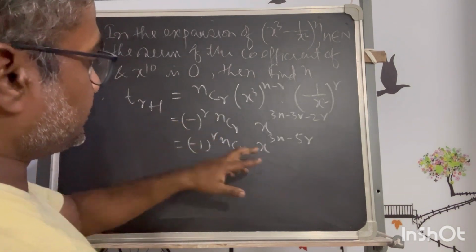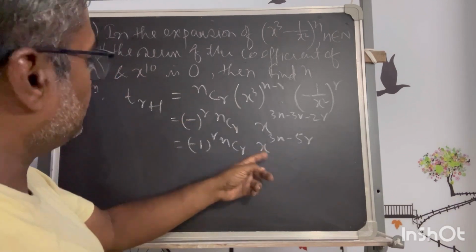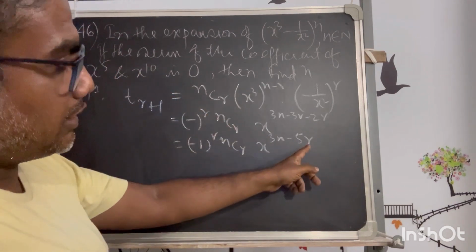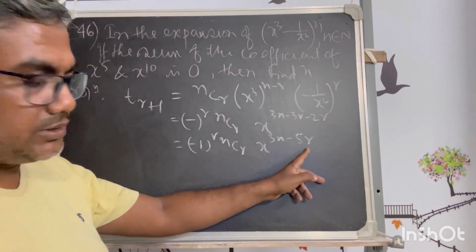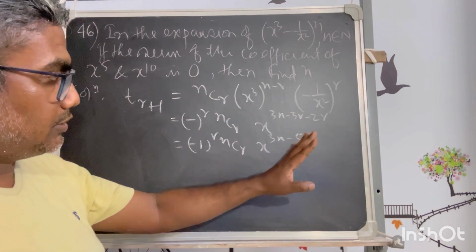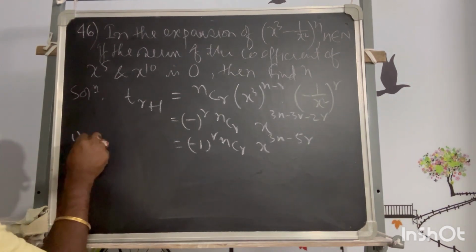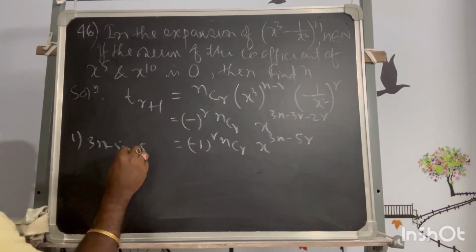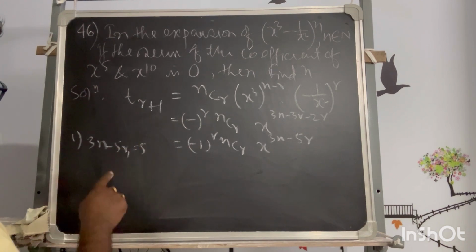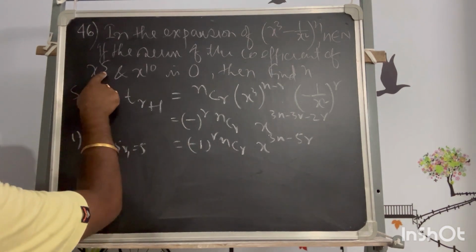Now in both cases, if I equalize this to x^5 and x^10, r cannot be the same. r must be a different value. So if I equalize the first case where 3n minus 5r is equal to 5, we take this as r1. For r1, this will give you x^5.